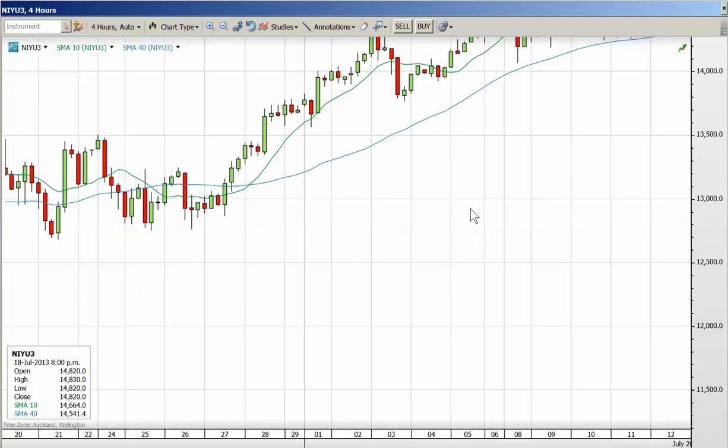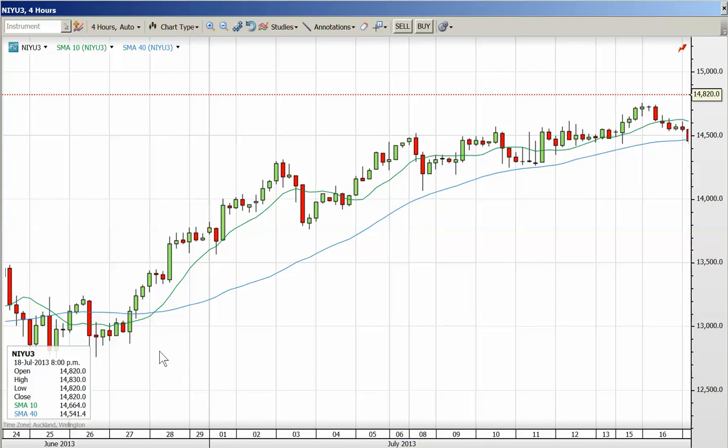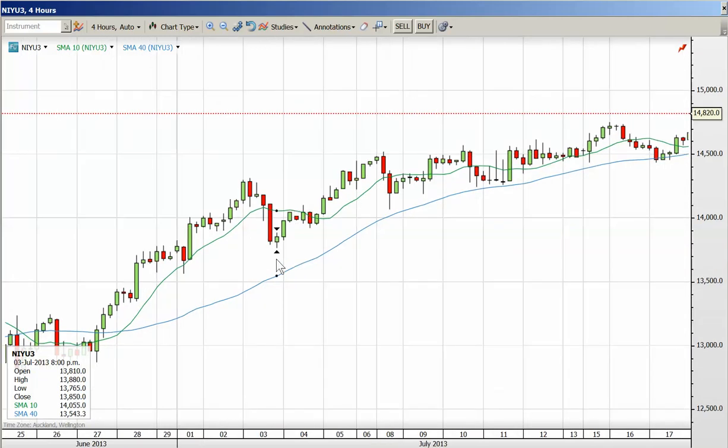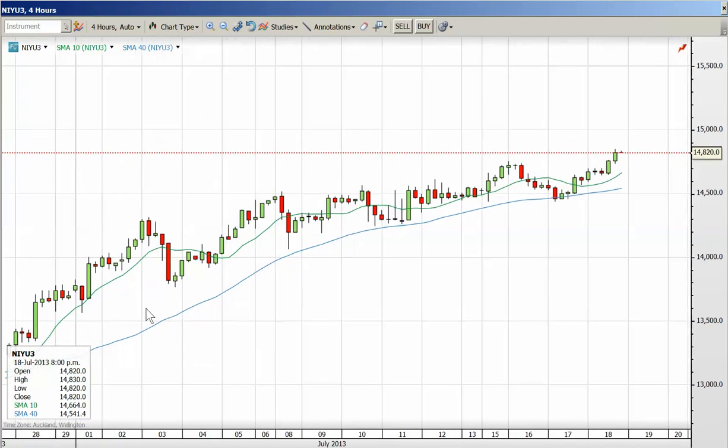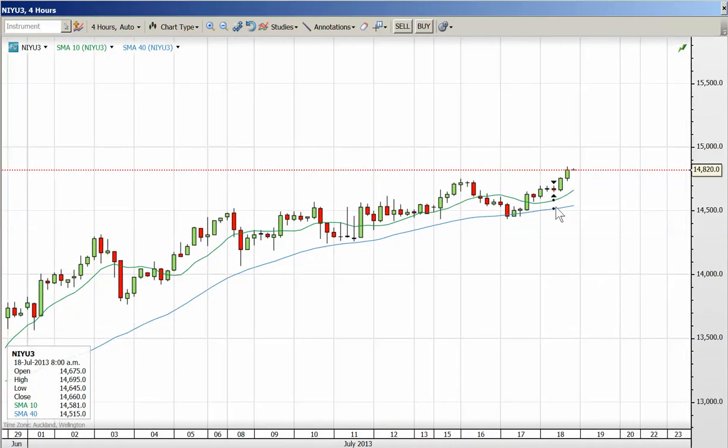But had you done it down in here, not that these were perfect entries in terms of the moving average buy zone, but let's say you'd done it down here, which is the best entry of all, you had a very, like what did I say, 125 point risk, and that was 13,700ish. Now here we are at 14,800. That's, well, I'm doing it in my head, that's about 8.5 or 9 to 1 reward to risk ratio, and let's hope it continues.